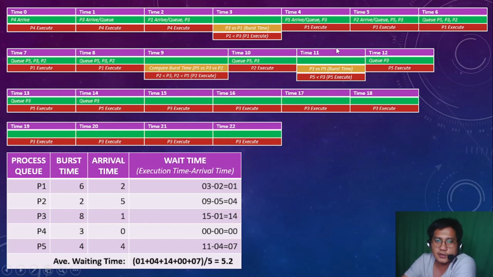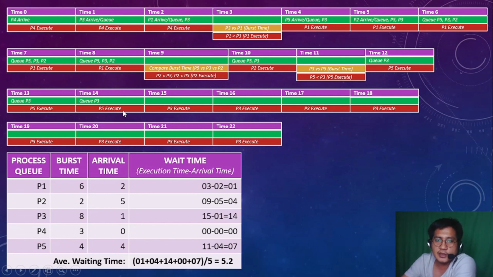So in total, if we count from 11 up to 14, we have 1, 2, 3, 4 burst time, 4 slices of time. That is equivalent to the burst time of P5.